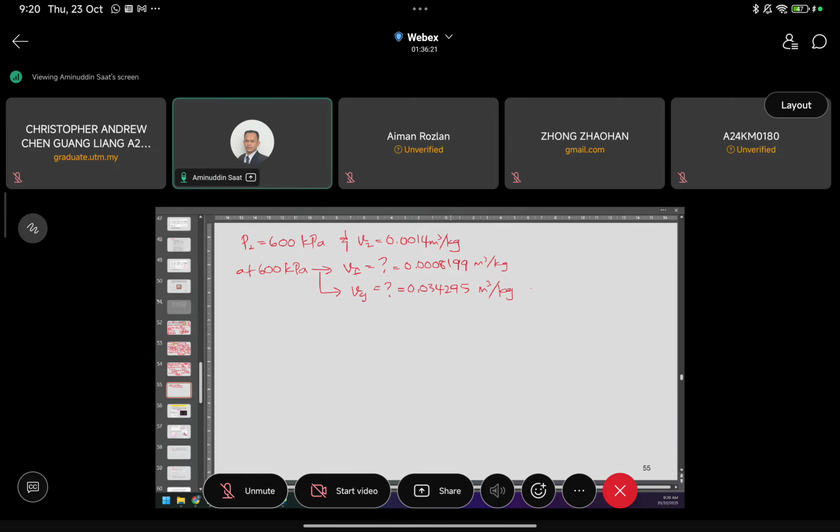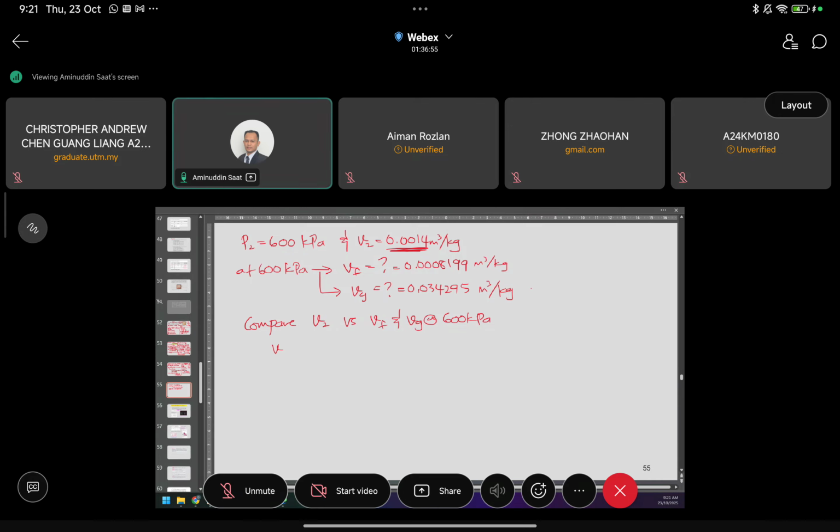So what you need to do next? Compare V2 versus VF and VG at 600 kilopascal. So you compare this value 0.0014. Basically it is larger than VF, smaller than VG.